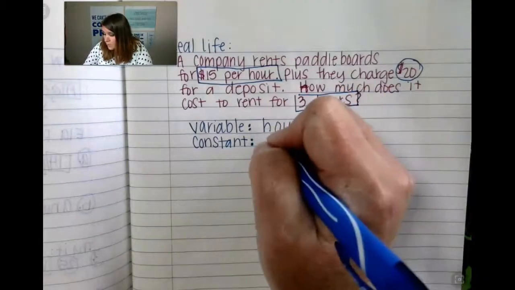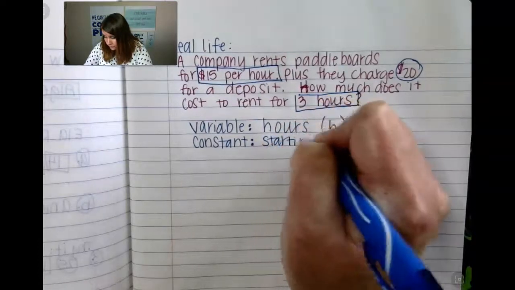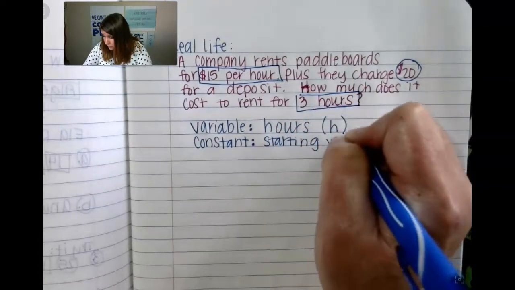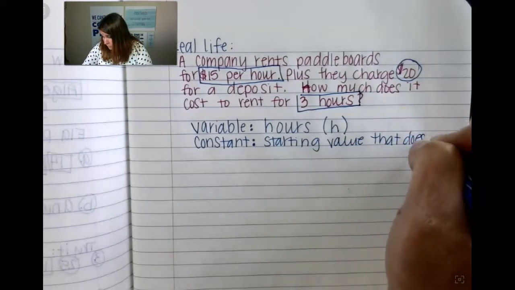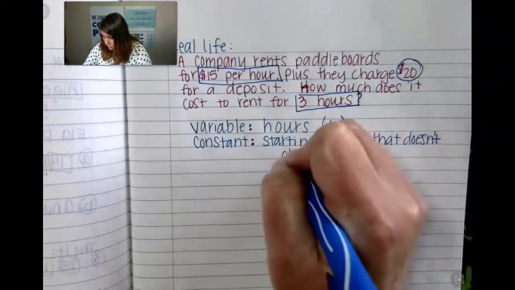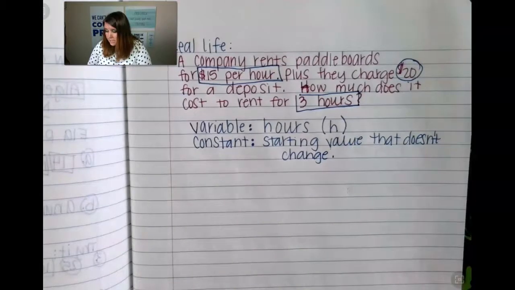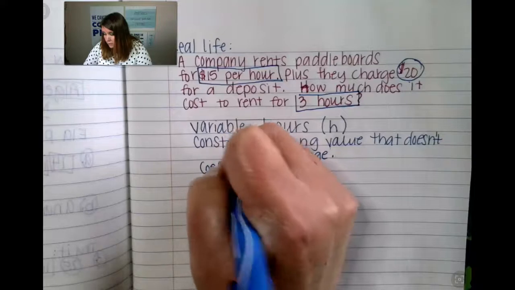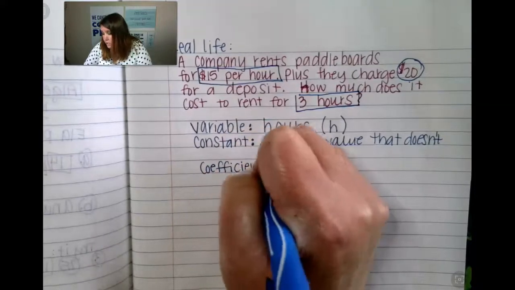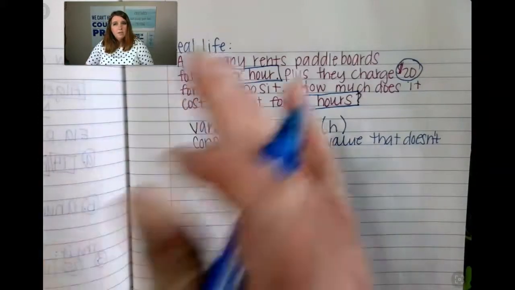So is there always a constant, a starting value? Okay, and then the last thing we want to know about, is there a coefficient, right? Is there a price that's going to change based on the variable?